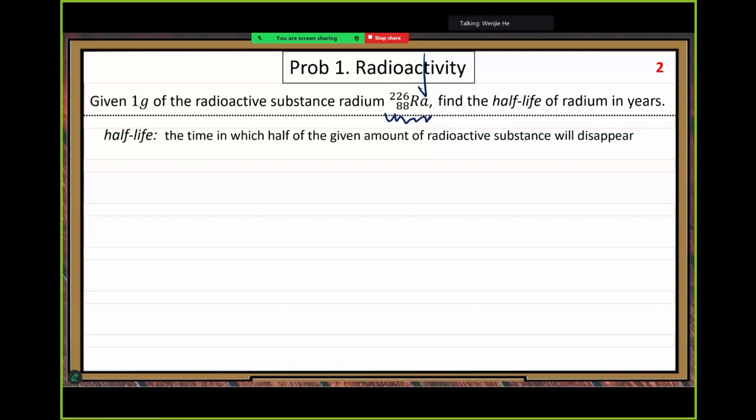So here we do not need to go that far. We don't worry about how to do the radioactive reaction part. It just changes to a different substance. Then we want to know how long it takes for this radium-226, this particular isotope, to be reduced to 0.5 gram.